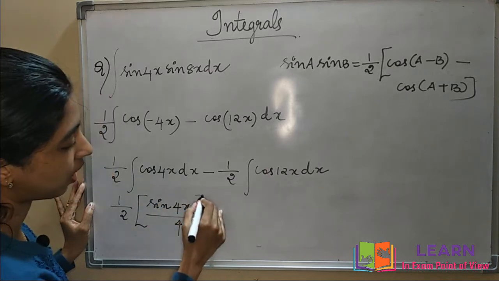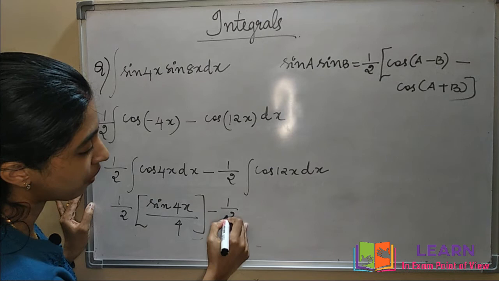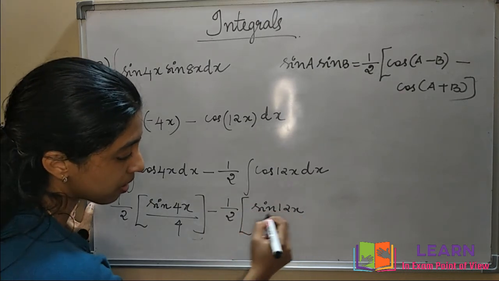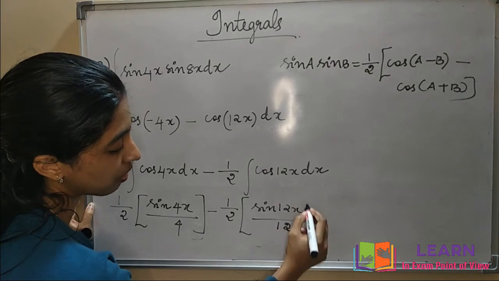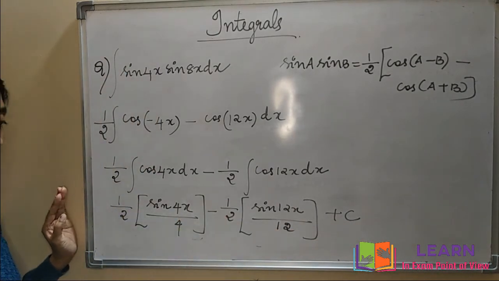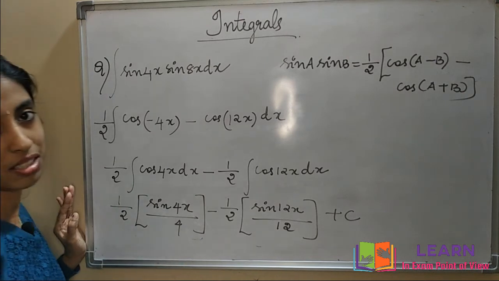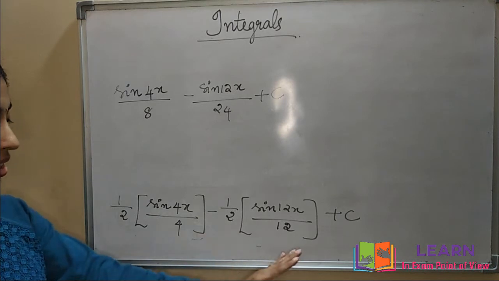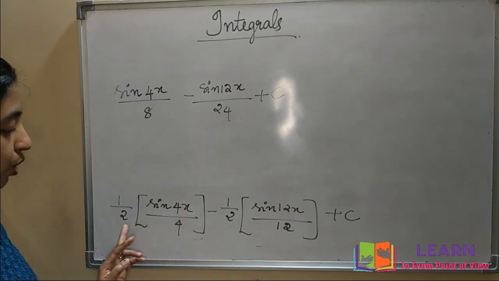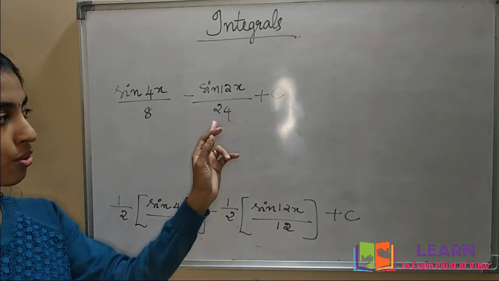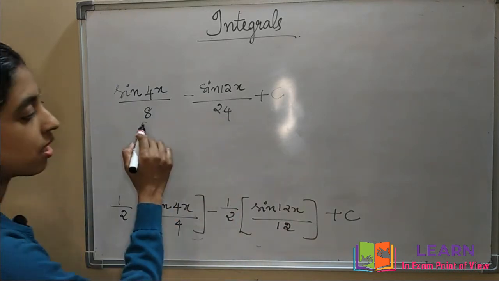Then minus half again, sin 12x by 12 plus c. We can rearrange it and write the answer. On simplifying, the final answer will be sin 4x by 2 into 4, that is 8, minus sin 12x by 12 into 2, 24, plus c.